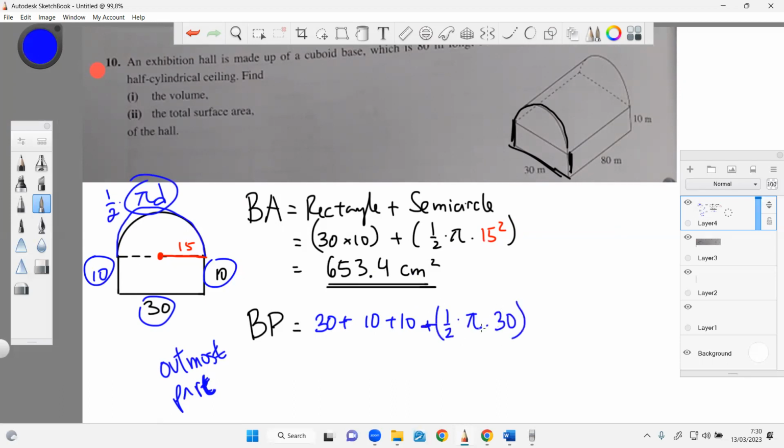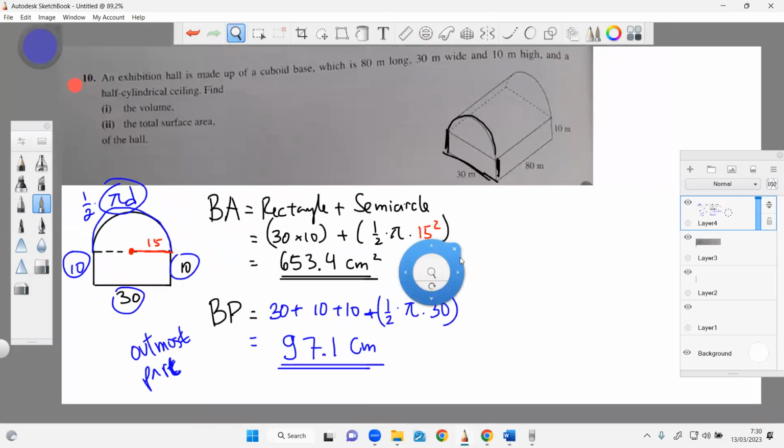Put the bracket better, and if you do your calculation, you get 97.1 centimeter. I put 1 decimal place. Any questions so far? Do it slowly, and if you don't understand, you can repeat the video later. 2 decimal place, 1 decimal place, but in my opinion, 1 decimal place is enough, or 3 significant figures is better.